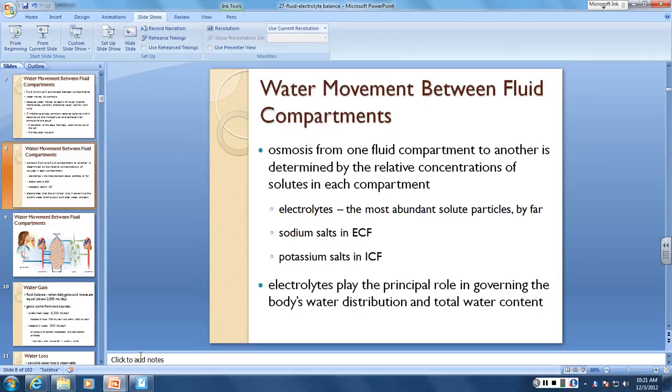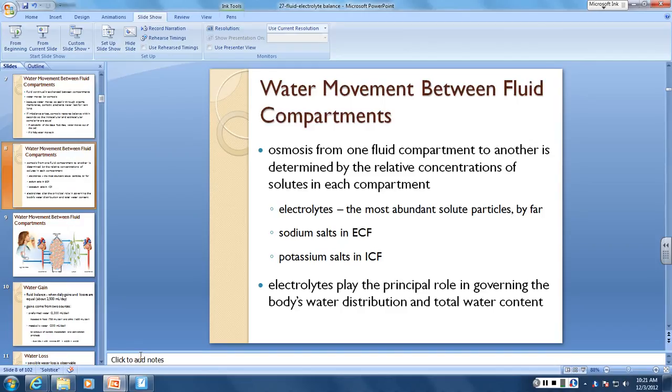So sodium is more predominant in the extracellular fluid. Potassium has a higher concentration inside the cell. You all may remember that from the neurons. Remember the nervous system? Ooh, that was a long time ago. So action potential.